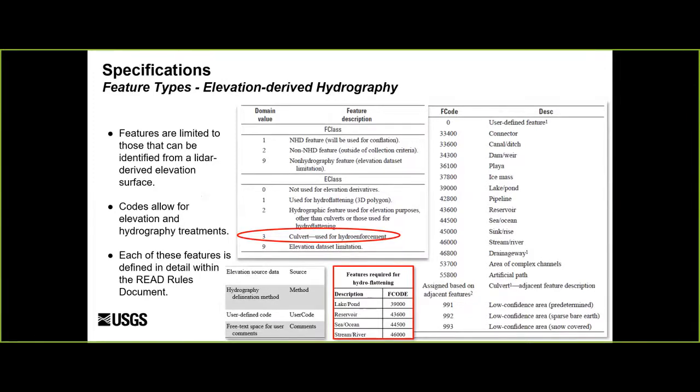There are also codes that can be used for hydro enforcement. For instance, you could use the codes to find culverts to hydro enforce a DEM. And if your LiDAR project collects EDH data, the data can be used both as break lines for elevation purposes such as hydroflattening and for conflation into the NHD and for other purposes that meet user needs outside of the USGS.